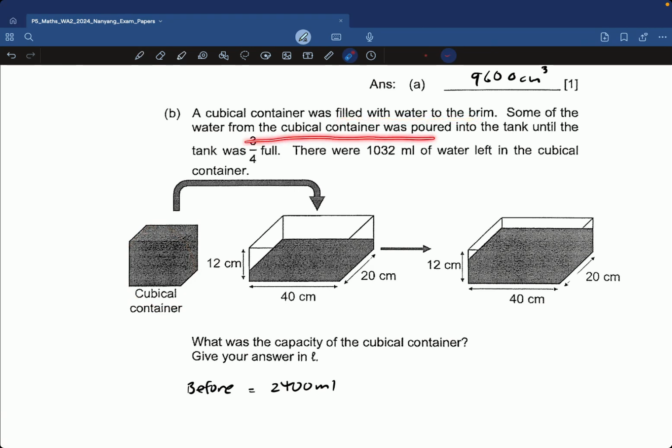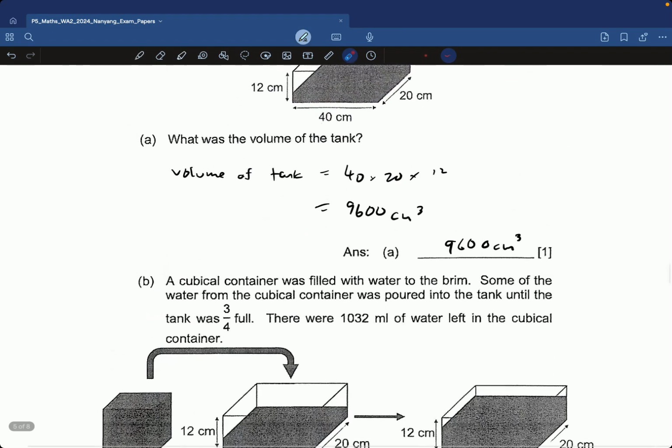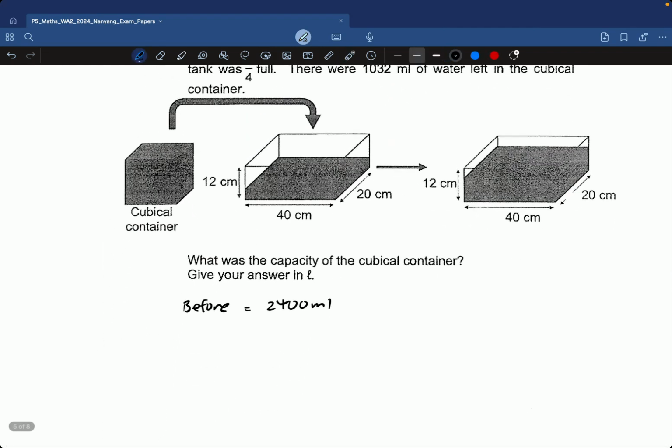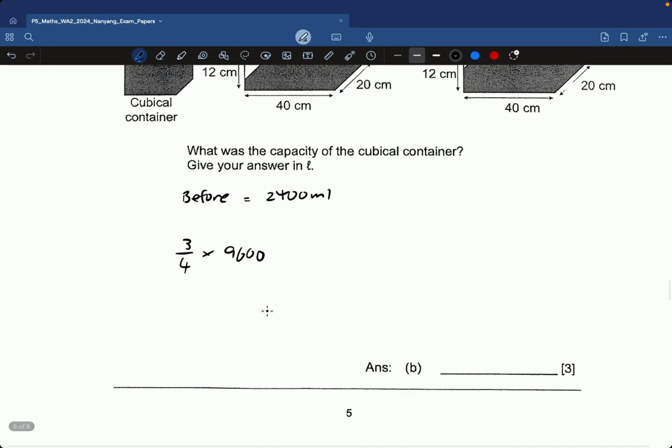Some of the water was poured into the tank until the tank was 3/4 full. Okay, so we need to get the volume of the tank, and then we get 3/4 of it, right? So that means in this case, water 3 out of 4 times 9,600 centimeter cube, right?